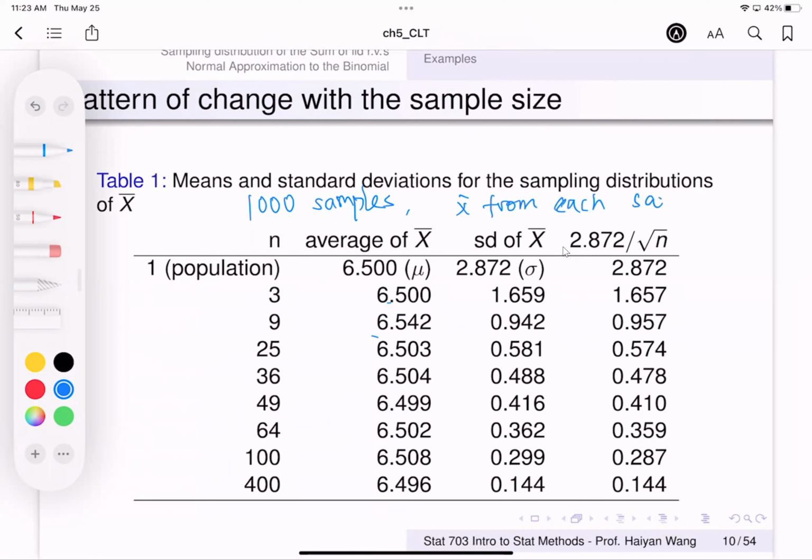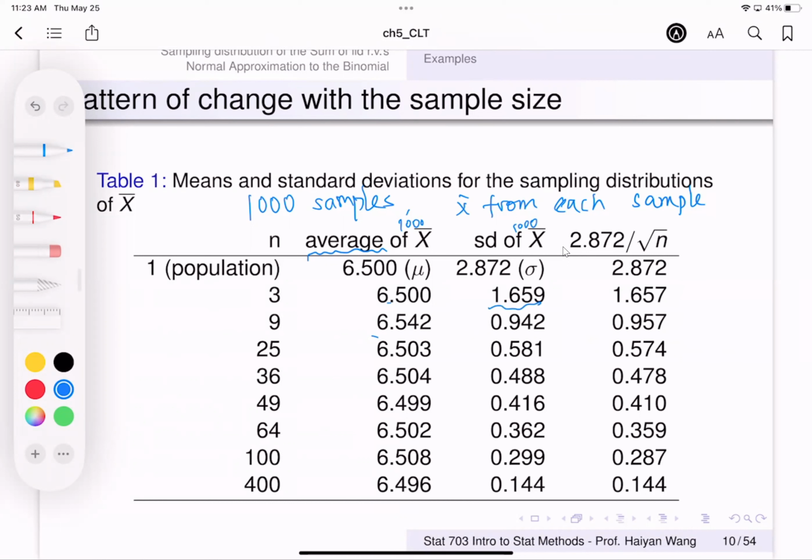So you really have 1,000 averages. Here is the average of the 1,000 X bars, and this is the standard deviation of the 1,000 X bars. The average of the 1,000 averages all seems to be around a similar value, mu, 6.5. And then the standard deviation of these 1,000 averages, if we have just a sample size of 3, is 1.65.